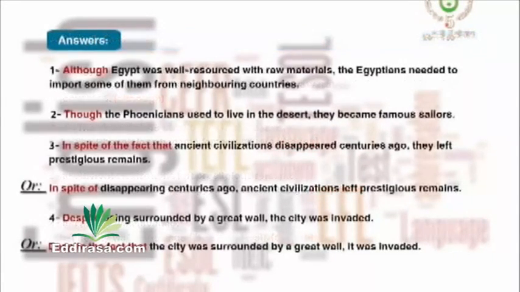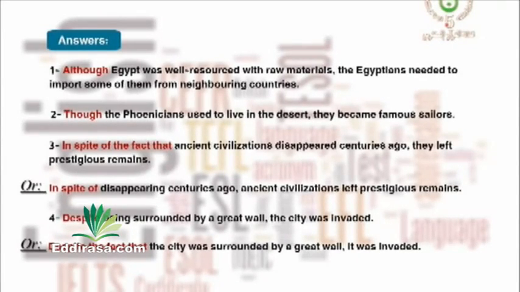The first one. Although Egypt was well resourced with raw materials, the Egyptians needed to import some of them from neighboring countries. The second sentence. Though the Phoenicians used to live in the desert, they became famous sailors.